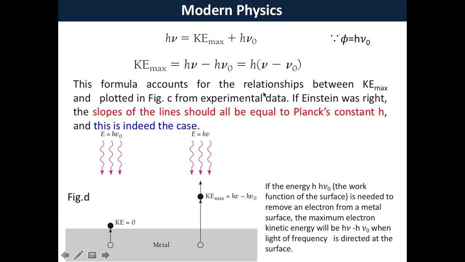This formula accounts for the relationship between the maximum kinetic energy of the photoelectron and frequency, which is plotted in Figure C from the experimental data.